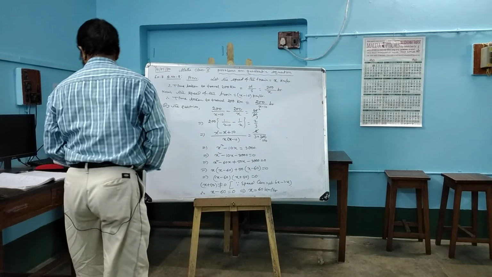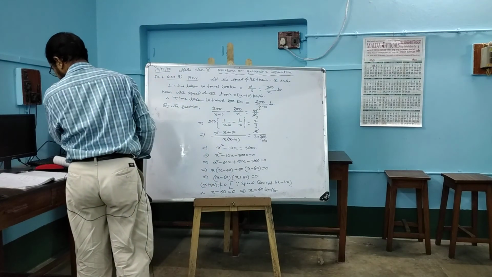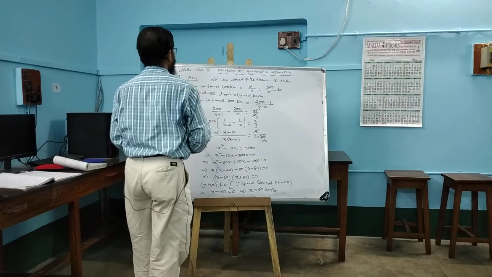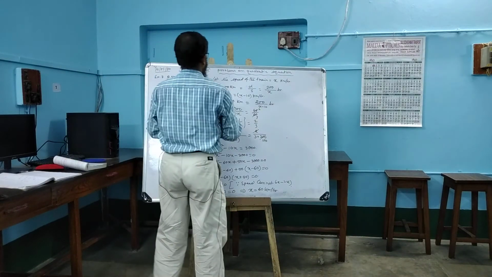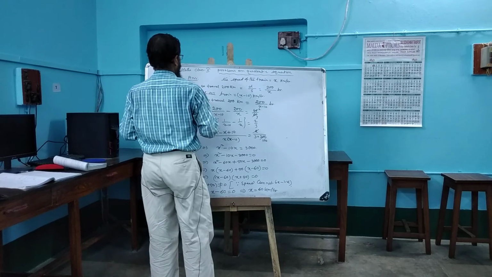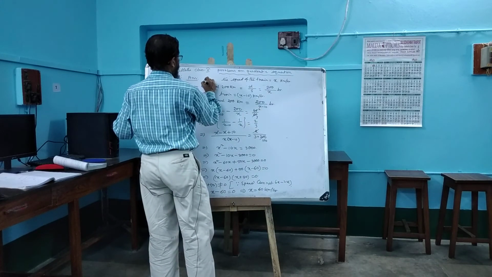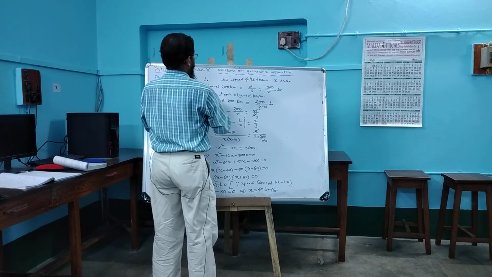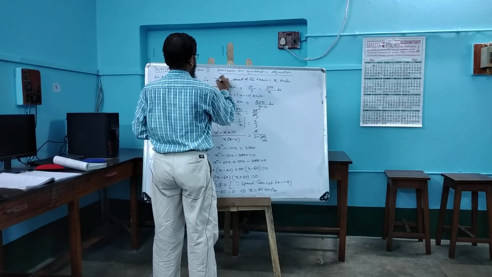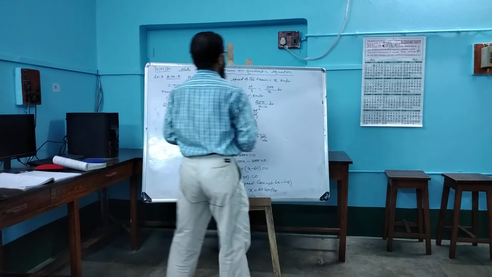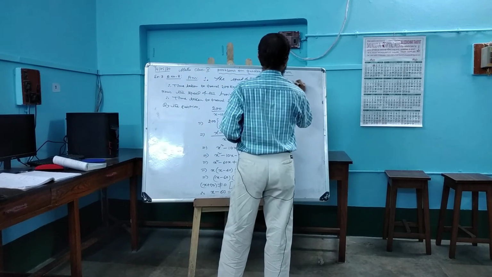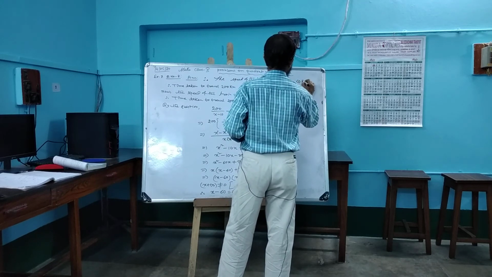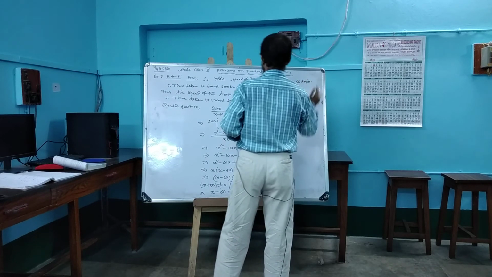Write down the answer at the end. Answer. Therefore, the speed of the train equal to 60 kilometers per hour.